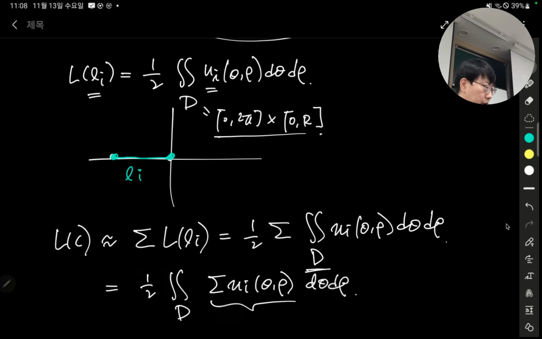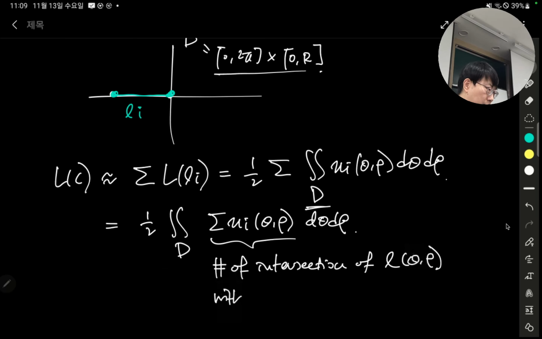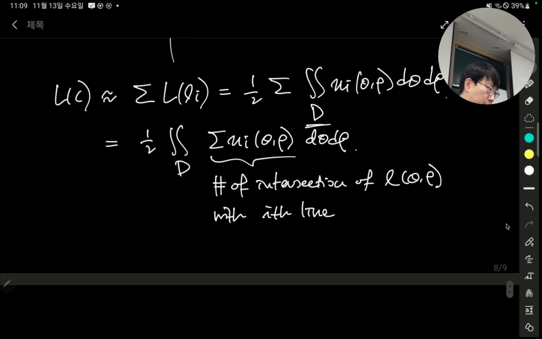And what is this? This is the number of intersections of the line L theta rho with the ith line segment, and it's the sum of all the numbers of intersections, right? So what is it?